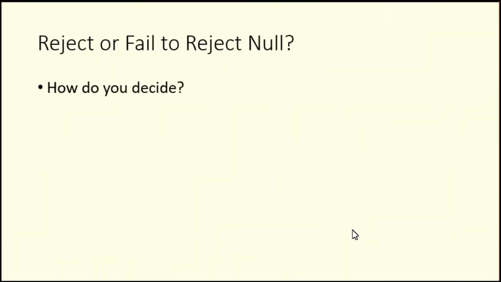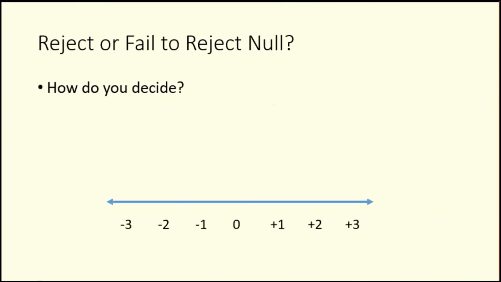And so how do we decide? We're going to make our final decision of whether we reject or fail to reject the null hypothesis the same way that we did in the z-test. This is one of those steps that's always going to be the same. I like to draw these out because I think it's helpful to see this visually. So I can create a number line like this.